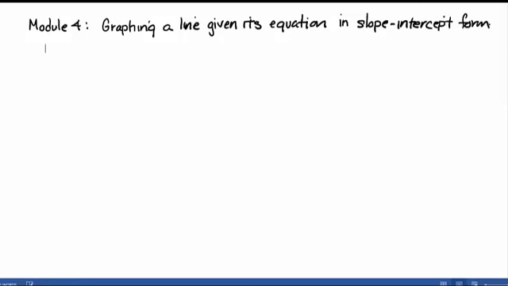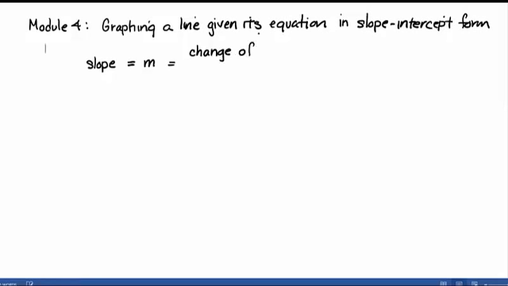But before I do that, let's go through a couple things in review. So remember what we talked about. We said that the slope, in our equation it's the letter m, and we talk about this as a ratio. It's a fraction.